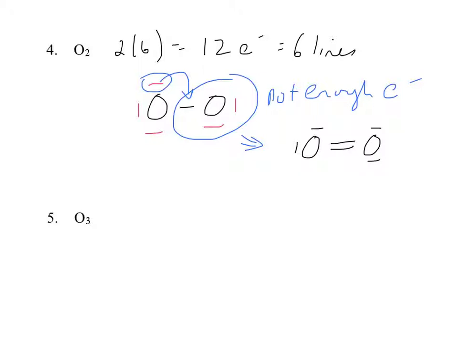It really doesn't matter where we put these valence electrons on the outside. Your sense of symmetry probably would prefer that we would put them in the same spots, but it doesn't matter.